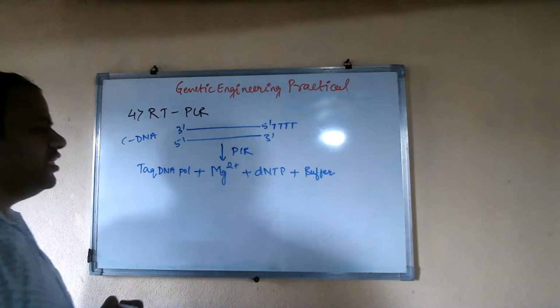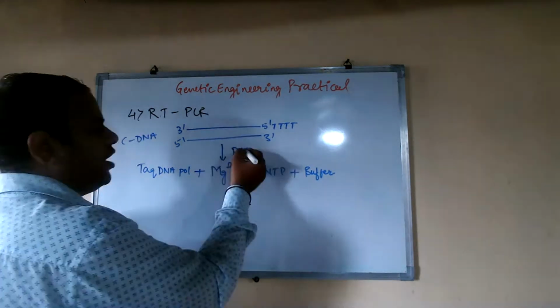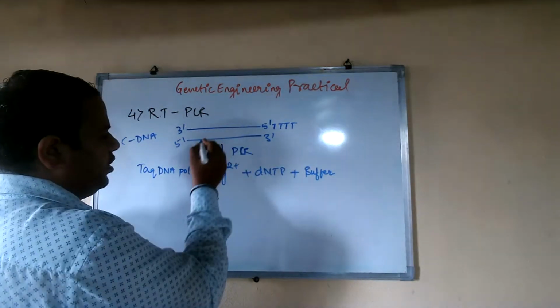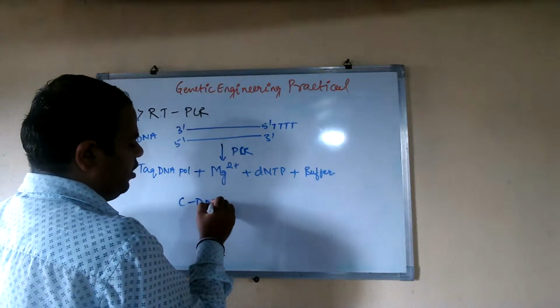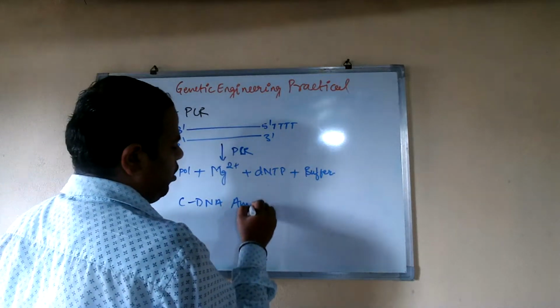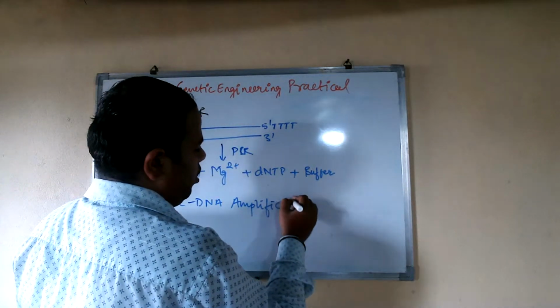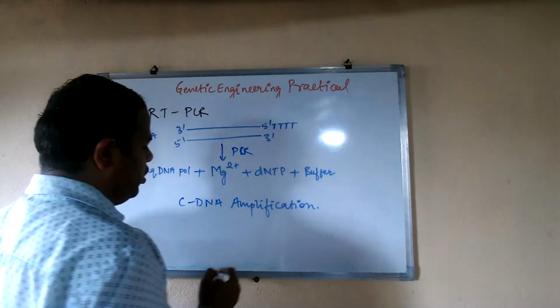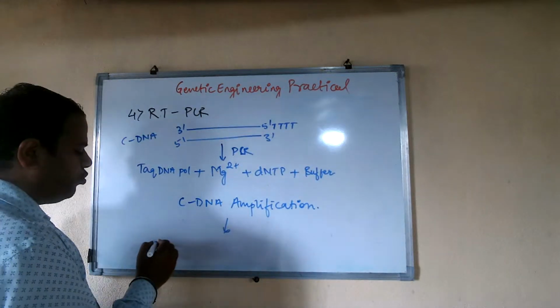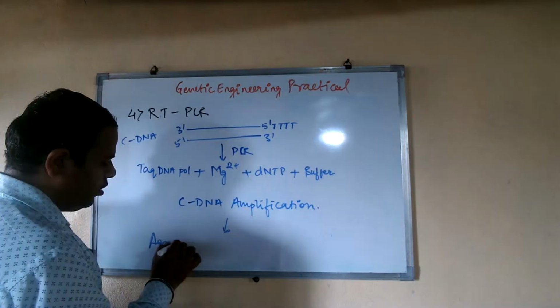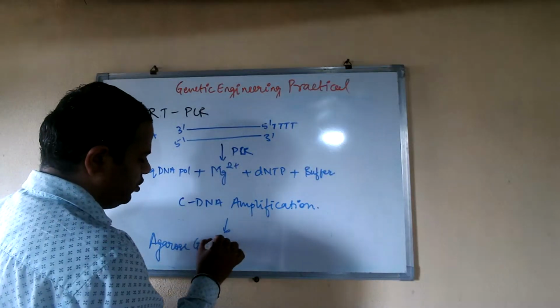Okay, so all these things that are required for PCR you are going to add, and then you are going to amplify this particular cDNA in PCR. After the amplification, you are going to go for Agarose Gel Electrophoresis.